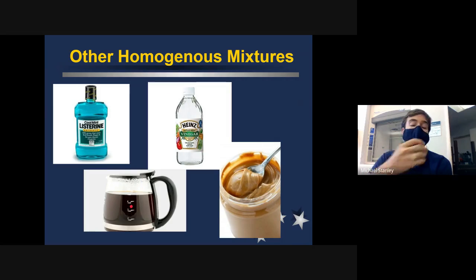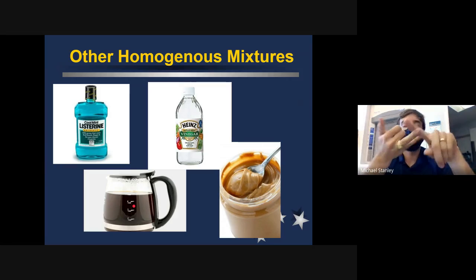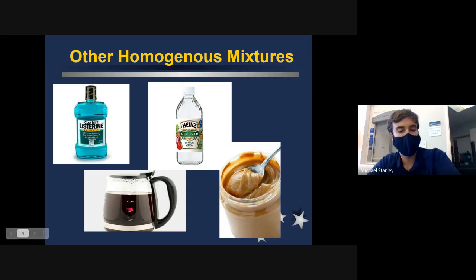Same thing with like coffee. As long as you're doing like a drip coffee or a pour over coffee kind of thing, where all the grounds are held up by the filter at the top, and then the hot water comes through, and in the pot, you end up with an even combination of water and caffeine and flavors that came in from the coffee beans, right?